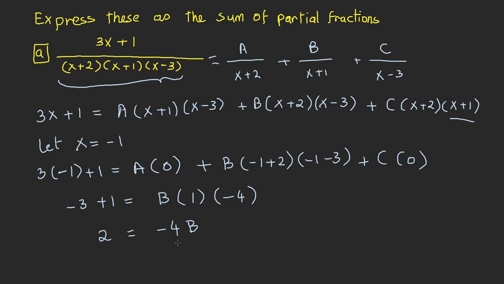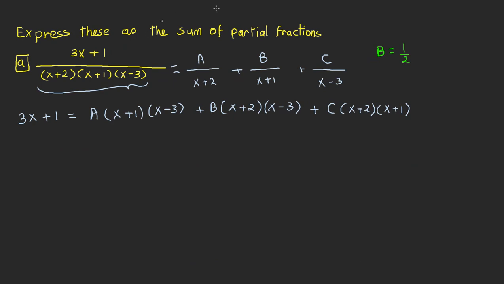If we divide both by minus 4, we get b equals half. Okay, equal to a half. Now we have b.